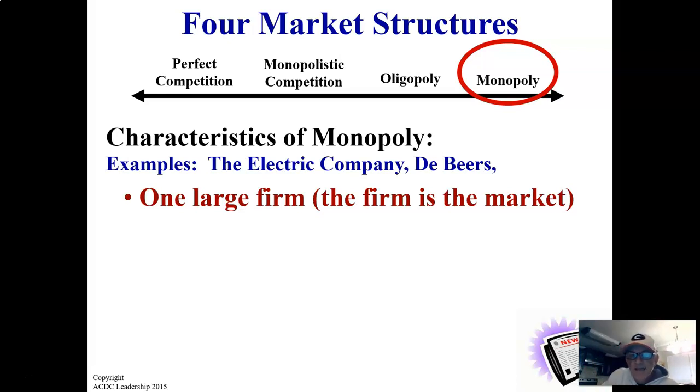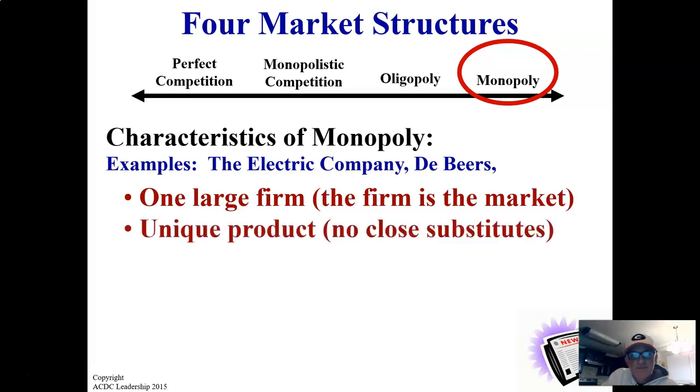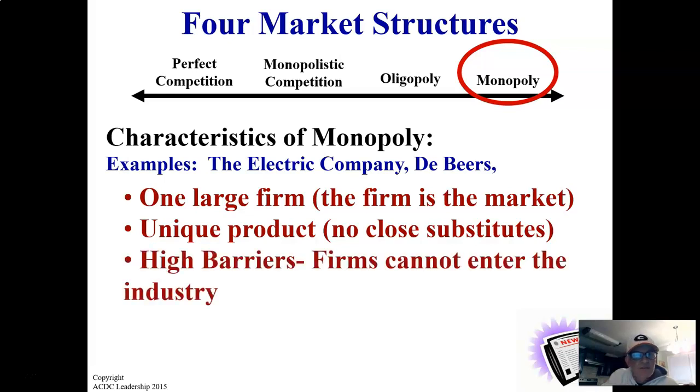But with a monopoly, the firm is the market, so we're only going to get one graph, and we'll look at that in a few minutes. There's a unique product. Obviously, there are no close substitutes. Otherwise, it wouldn't have monopolistic power. We'll talk about that in a few minutes.